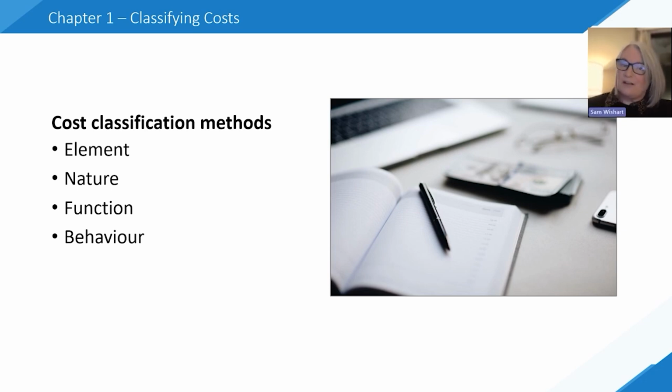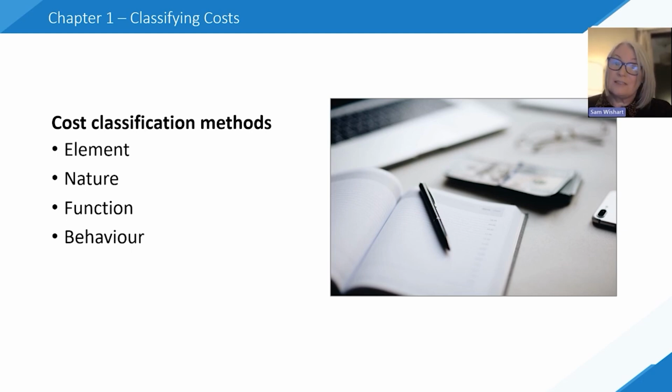Okay, moving on to cost classification now. So to aid the organisation in planning, controlling and making decisions about their activities, costs can be classified in a number of different ways. The methods used will depend on the type of business and what the business wants to achieve. The methods that we're going to look at are relevant to not just level 2.